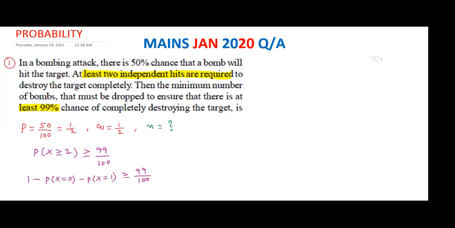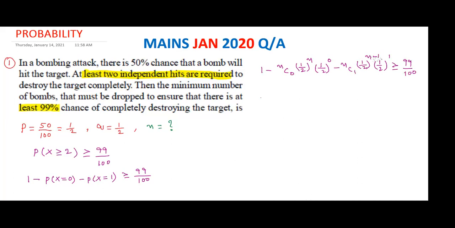Now 1 minus P of x equal to 0, that is nC0 (1 by 2) power n minus 0 into (1 by 2) power 0, minus nC1 (1 by 2) power n minus 1 into (1 by 2) power 1, greater than or equal to 99 by 100.